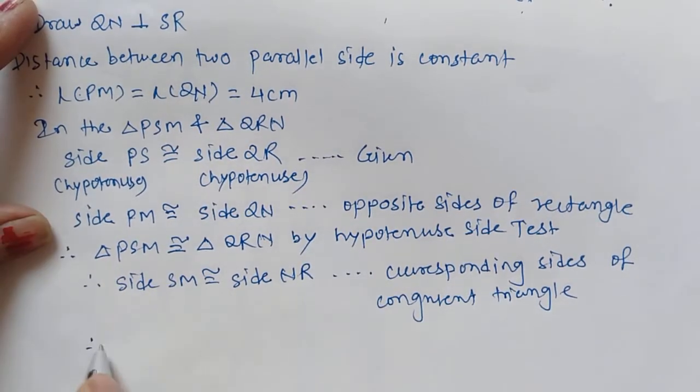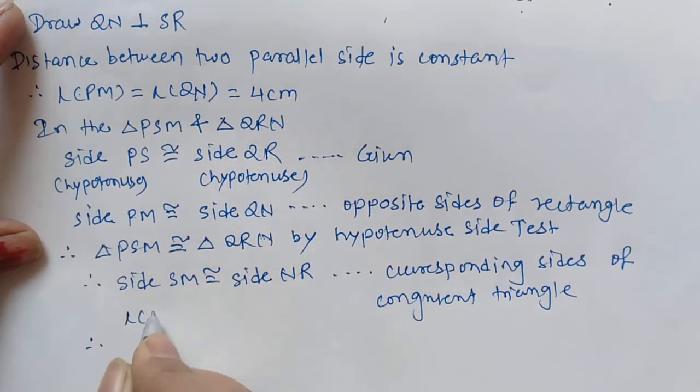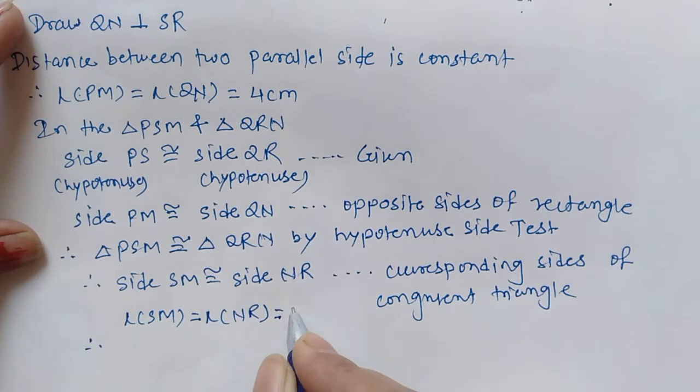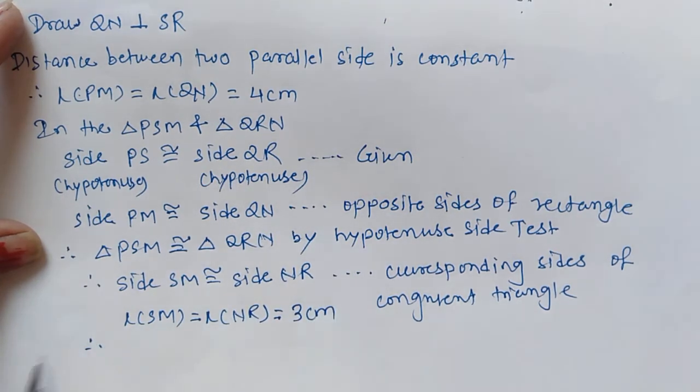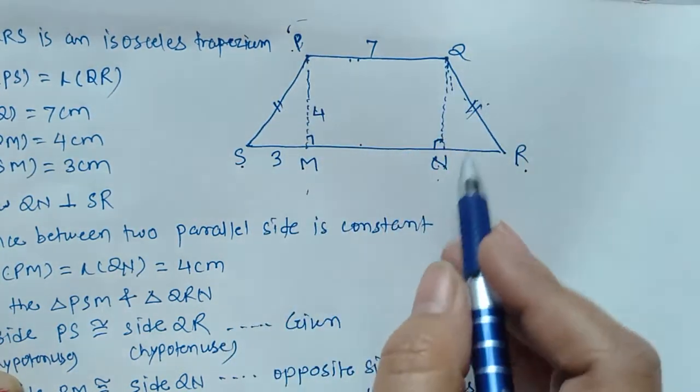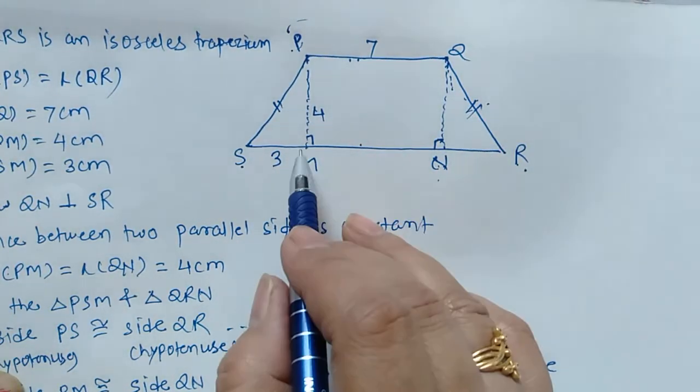So therefore length of SM is equal to length of NR is equal to 3 centimeter. Now see, the quadrilateral PQNM is a rectangle.